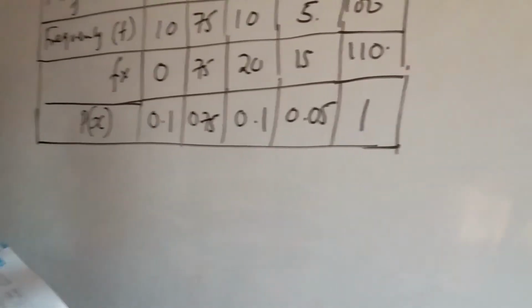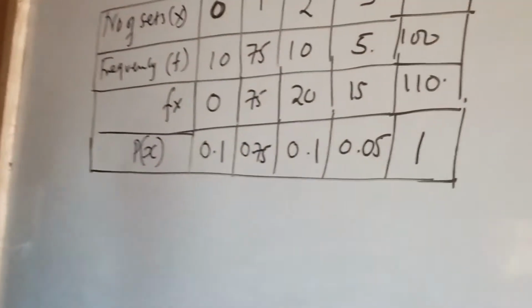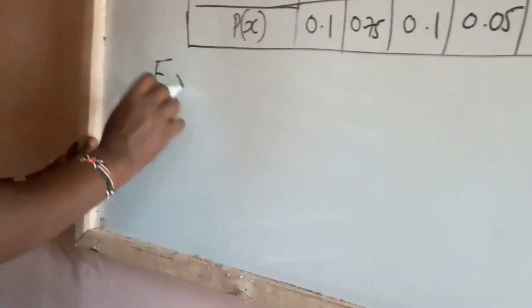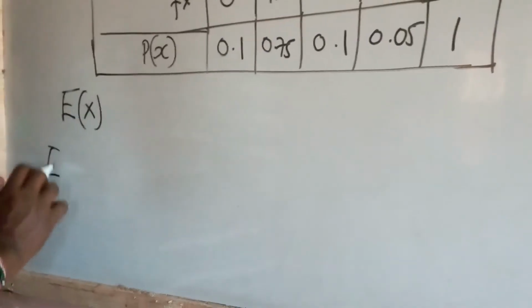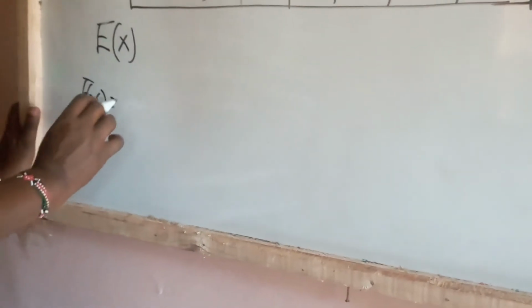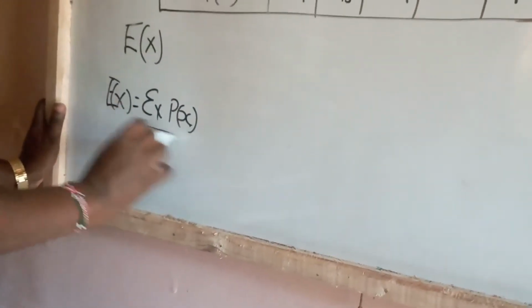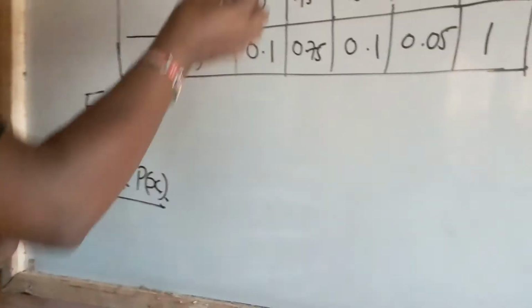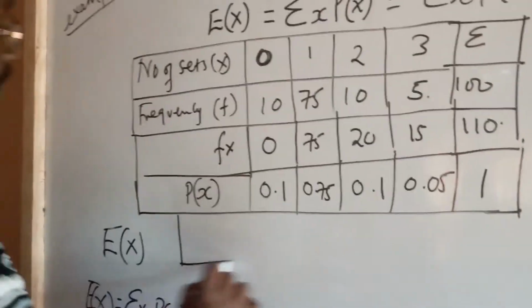Part C, find the expected value of x. We have said that the expected value of x is the same as sigma x, P(x). Let us just use this one because that's what we have.